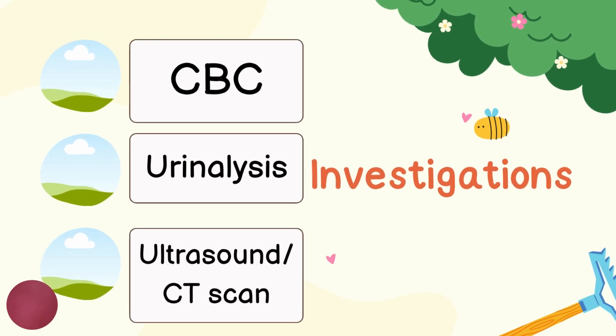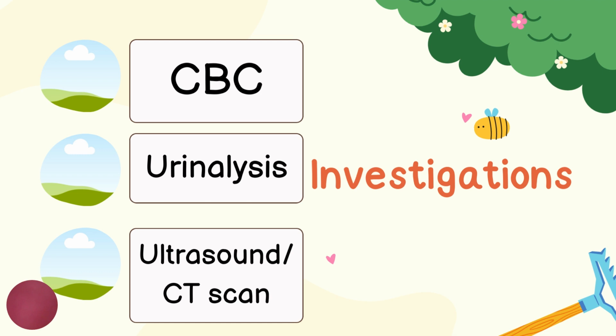The diagnosis of acute appendicitis is basically clinical, based on history and examination, and it is supported by investigations like complete blood count. Here, total leukocyte count is raised in acute inflammation. Moreover, urinalysis is done to rule out urinary tract infection.